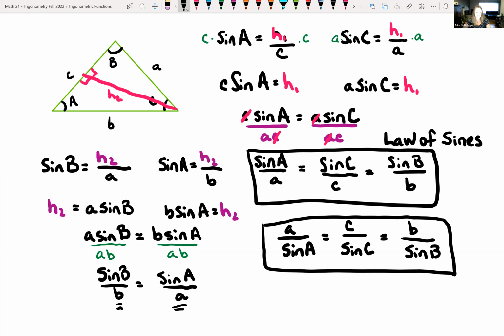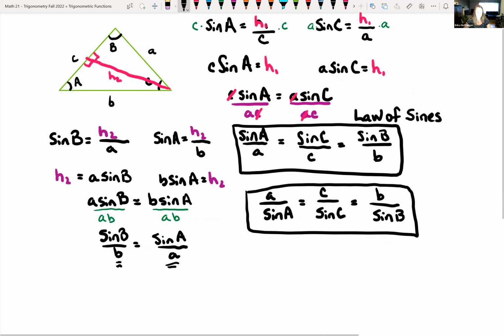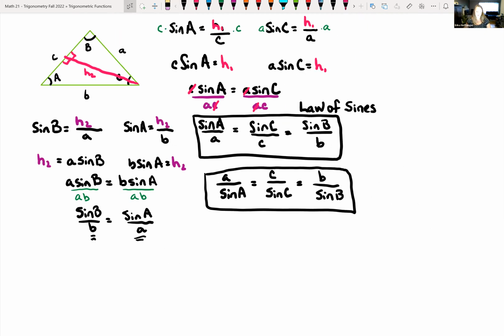So notice that in this case, we have an angle and a side opposite of the angle.